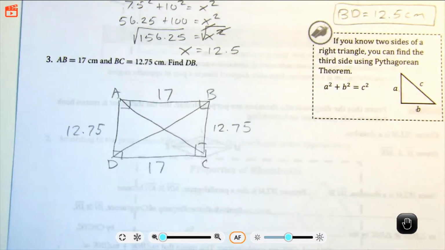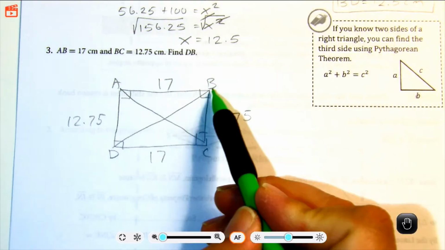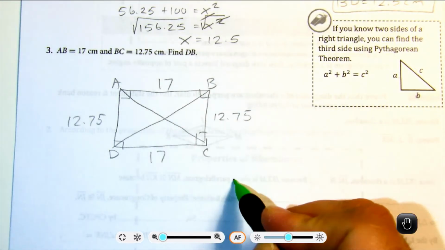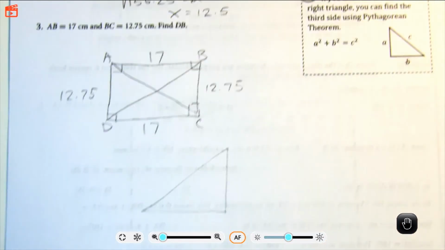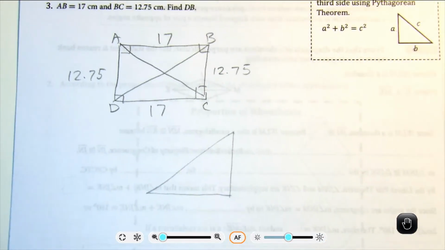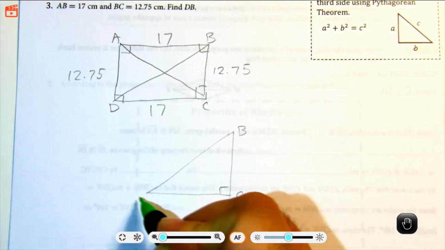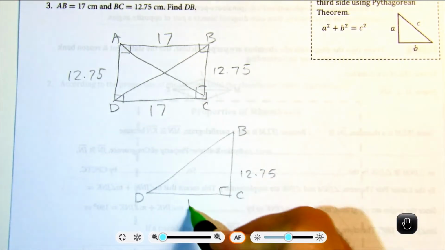And what we form is a right triangle, BCD. So let me draw that right triangle. So this is B, C, and D. This is 12.75. This is 17. And this is going to be our x.